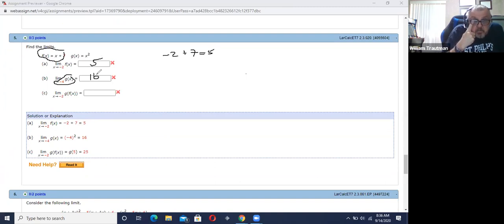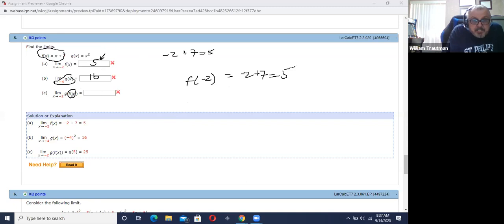Let's look at this one. First find the limit of the inside function f as x approaches -2. Well, we already said as x approaches -2, you can do it again. -2 plus 7 equals 5.